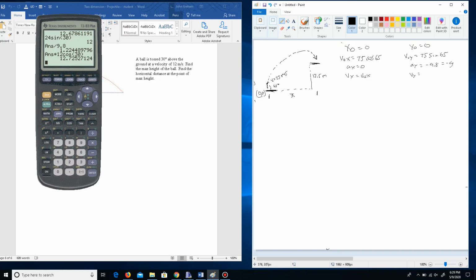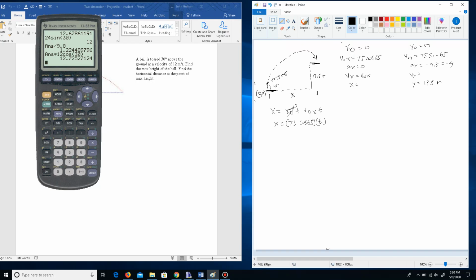And let's see. We do know y. y is going to be 13.5 meters. And we don't know x, and that's what we really want to find. Right, so let's start with the x equation. x equals x sub 0 plus v sub 0 x times time. This is 0. This is 75 cosine 65. We don't know time. We don't know x.